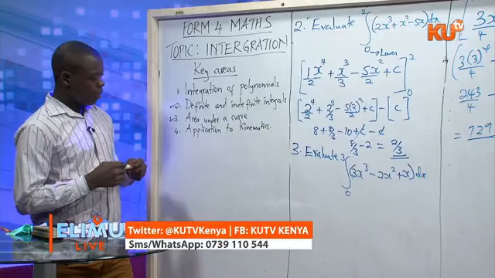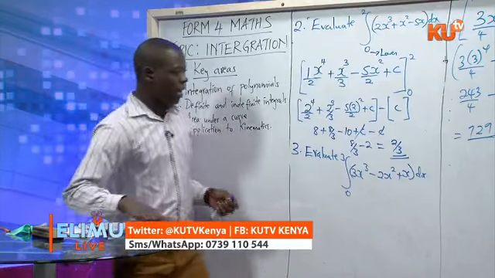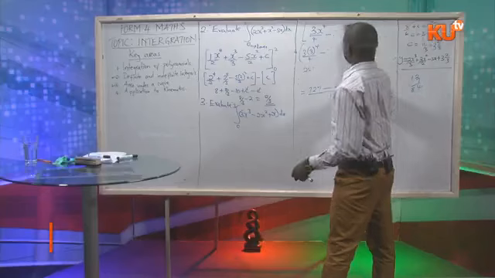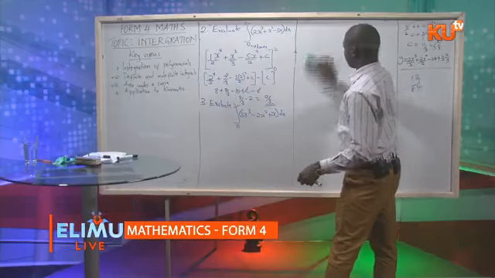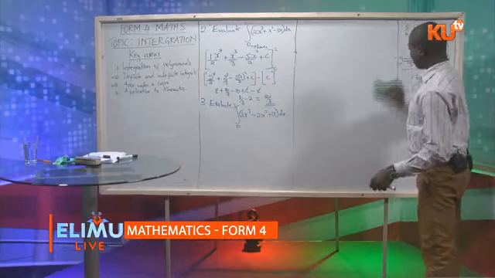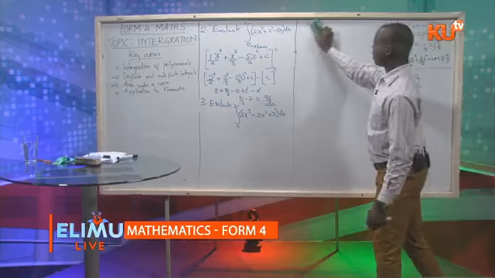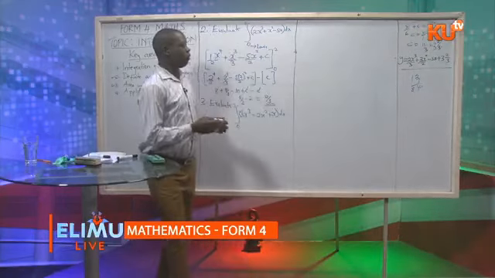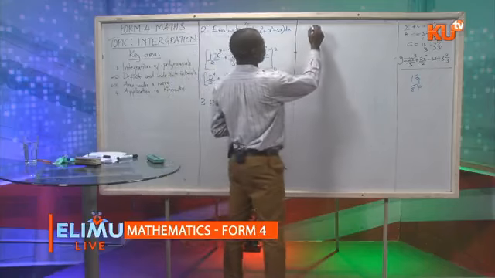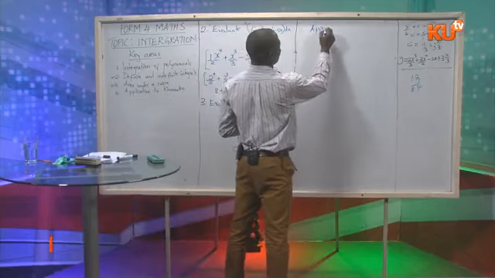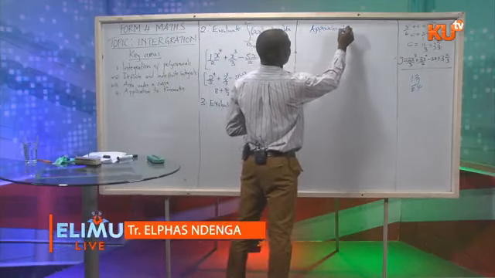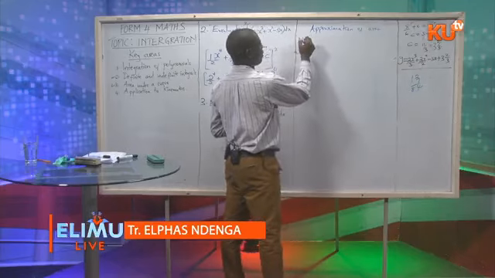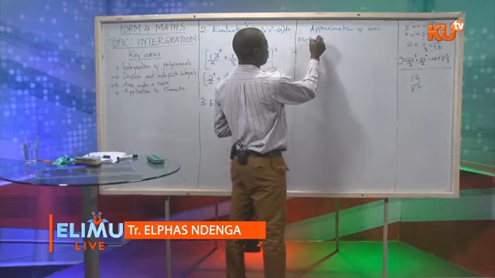Number 3, we need also to review something on area under the curve. This topic, integration, is covered after the topic called area approximation, where we look at area approximation using methods.